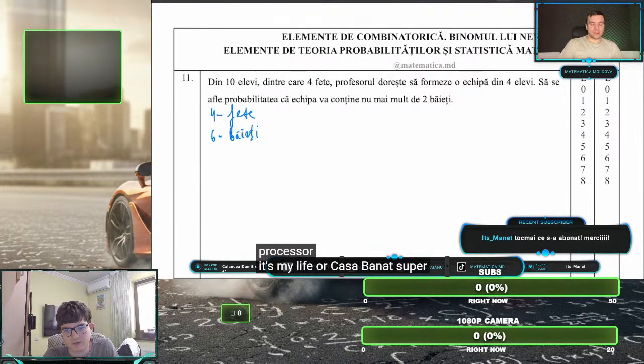Because it's not written that you must have 2 boys. It's written that it can have 2 boys or less. So it's essentially done like that. So it can have 0 boys or 1 or 2.